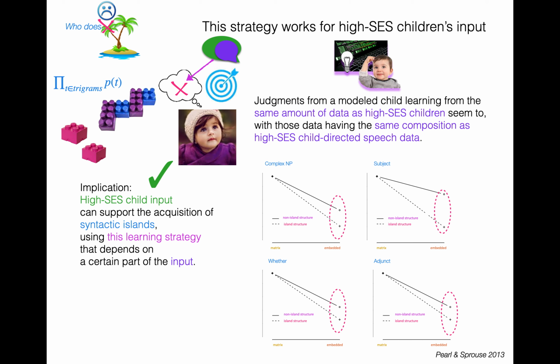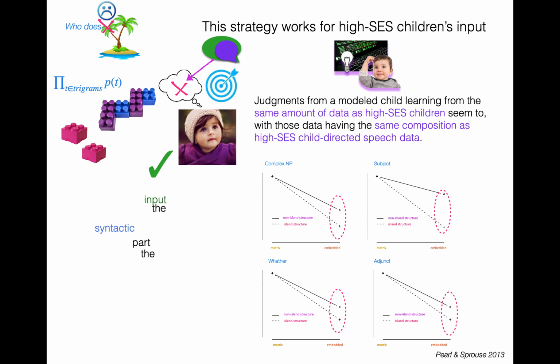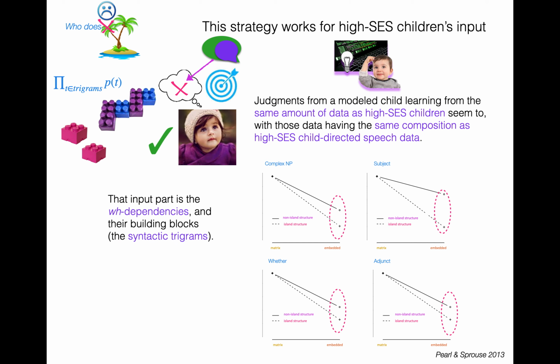So the implication of this is that high-SES child input can support the acquisition of syntactic islands measured this way, and using this particular learning strategy that depends on a certain part of the input that these building blocks, these syntactic trigrams, are capturing. So therefore, again, that input part is the WH dependencies and their building blocks, these syntactic trigrams.